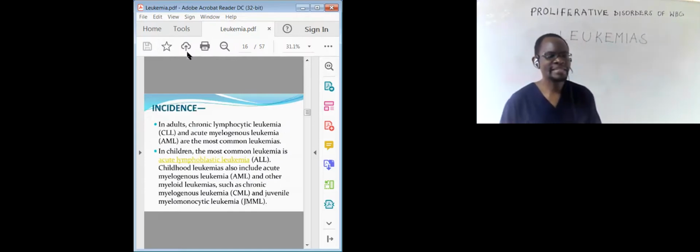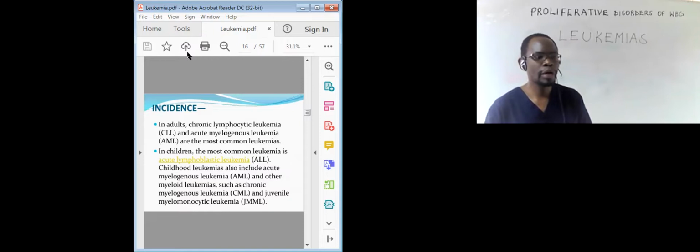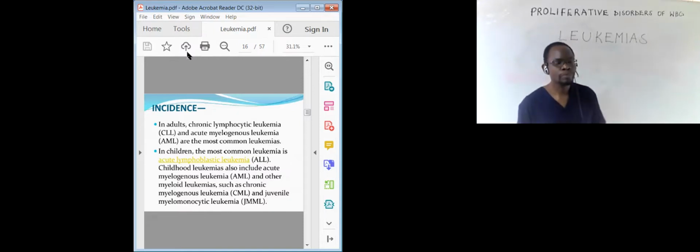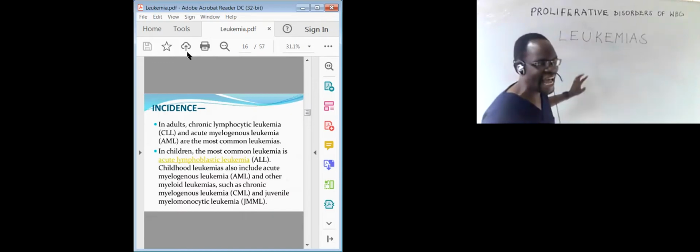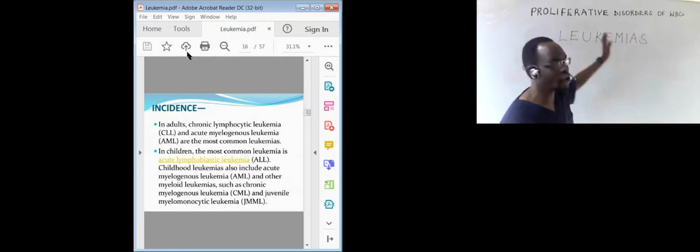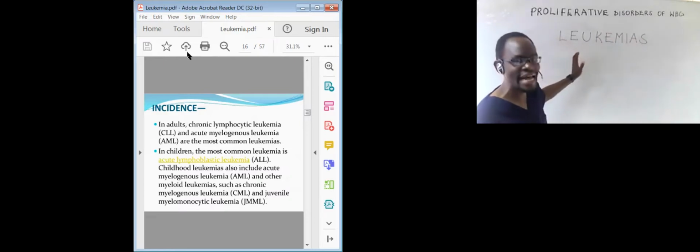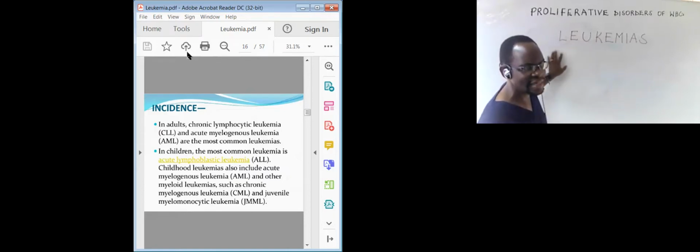Okay, now what is the incidence? In adults, chronic lymphocytic leukemia and acute myelogenous leukemia are the most common leukemias. While in children, acute lymphoblastic. I hope you note that acute is followed by lymphoblastic. Why? Because the differentiation was arrested at the blastic stages.